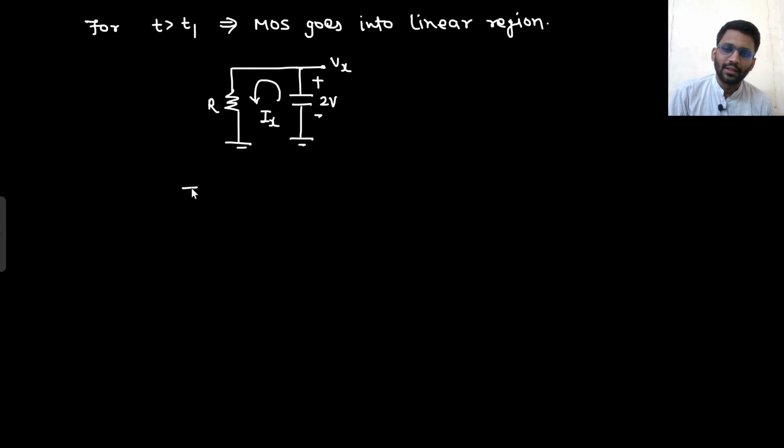Basically, what is your Ix? That is some constant into Vds, where Vgs minus Vt is 2, into Vds minus Vds square by 2.